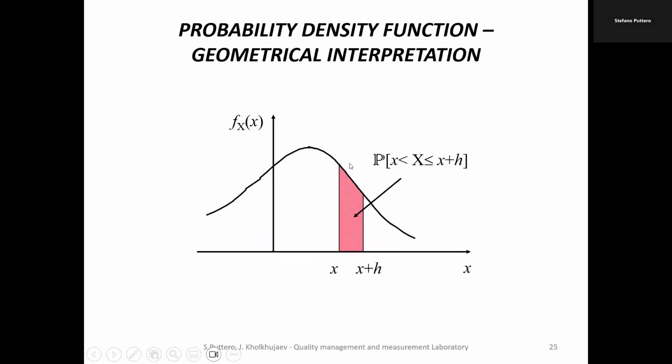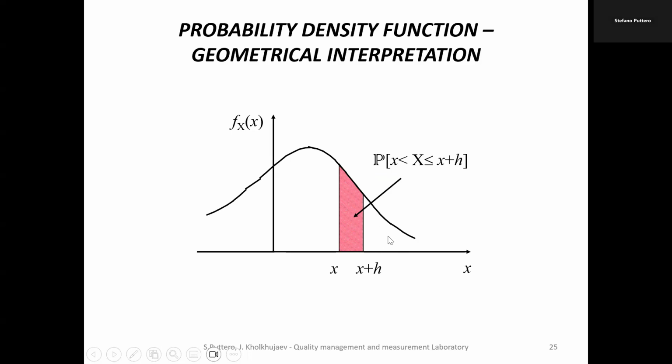In slide 25, we have another example with, of course, a smaller interval, between x and x plus h. The interval is smaller, but the concept is always the same.